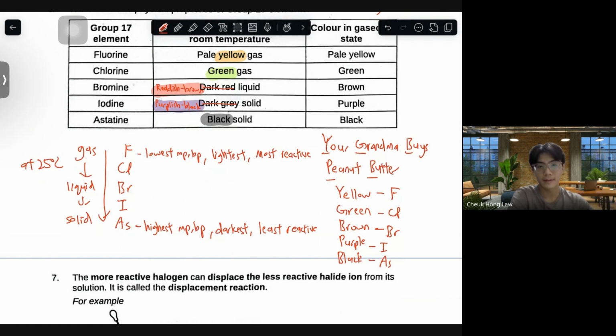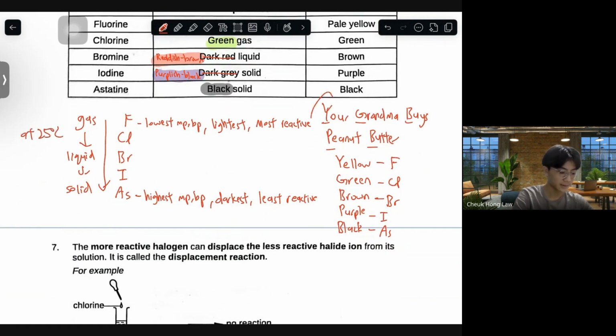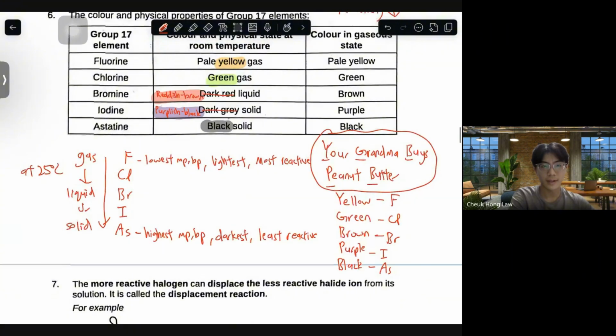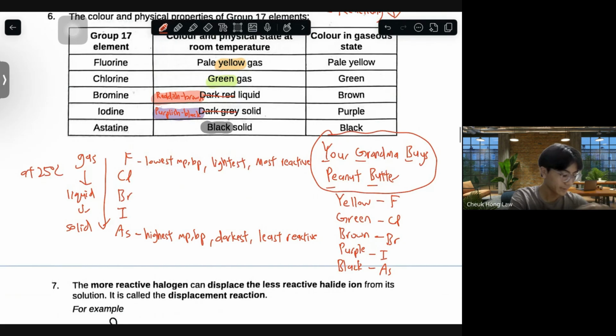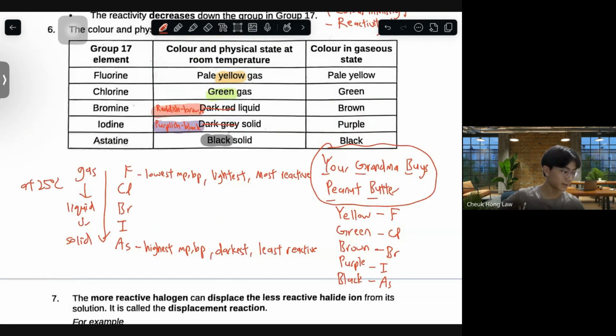Gaseous state, black. So what I recommend you to do is just remember this memory shortcut, and then remember the colors in gaseous state, and then it will be quite similar to room temperature already. You just have to remember bromine and iodine. Bromine is reddish brown and iodine is purplish black. That's it. Those are the colors.